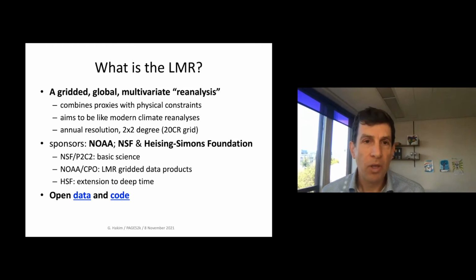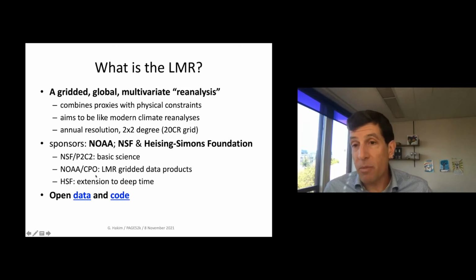All right, so the LMR is on a 2x2 latitude-longitude grid, and it's the same grid used by NOAA's 20th Century Reanalysis. So I'd like to recognize the sponsors of this work. I've been doing this for about 15, almost 20 years now, and NSF, the P2C2 program, has sponsored a lot of the basic science behind the work that was ultimately funded by NOAA to create this operational product.